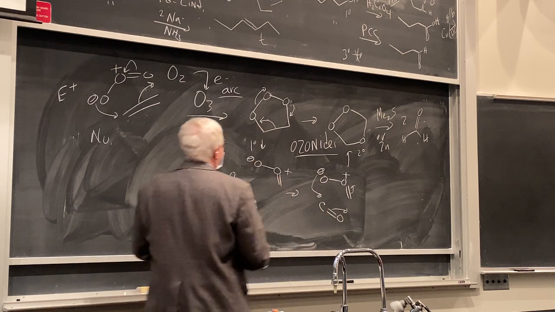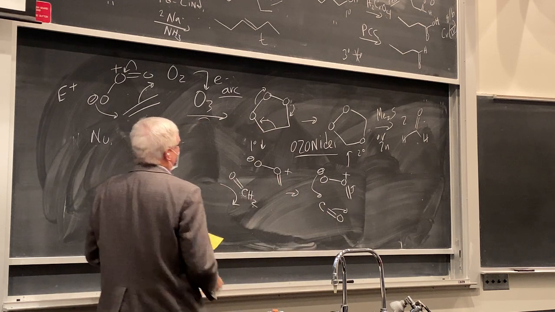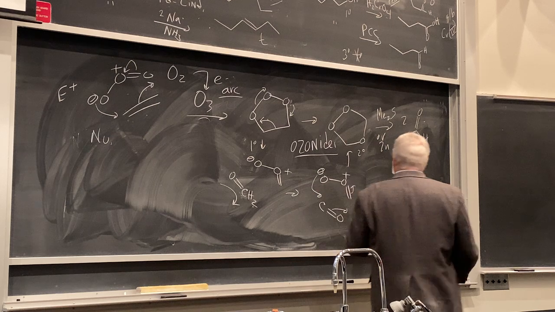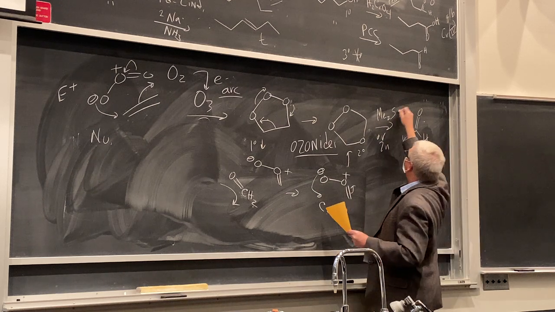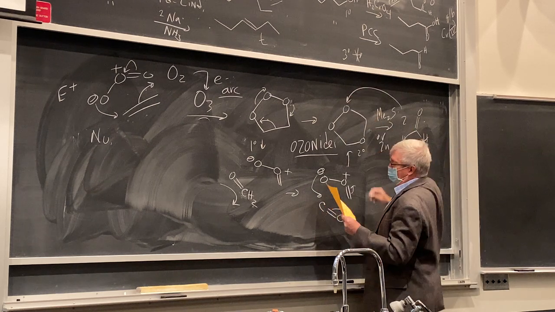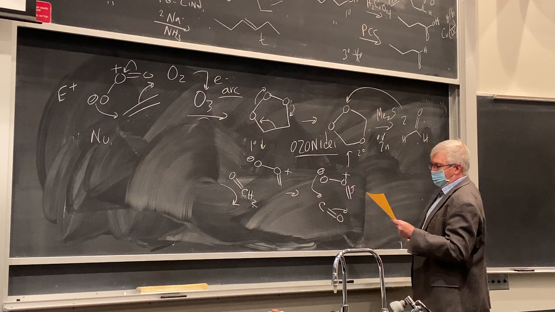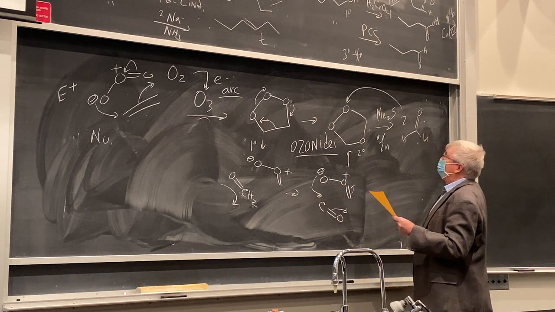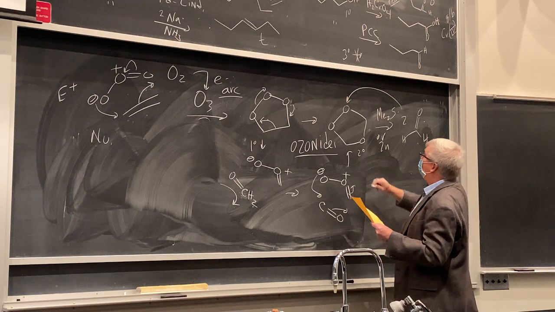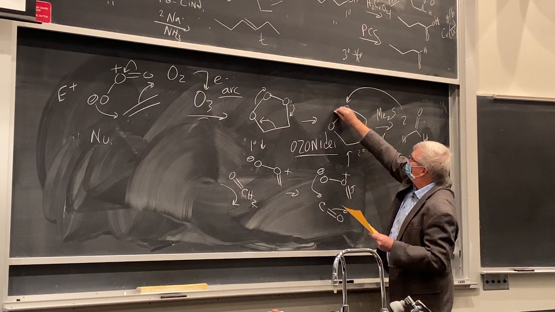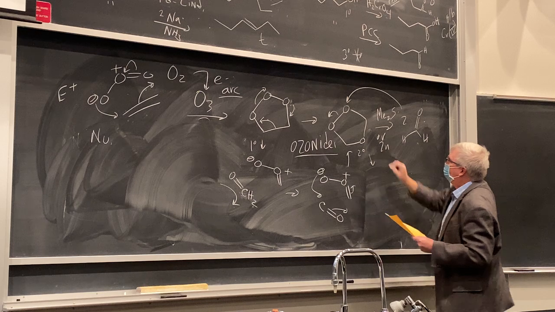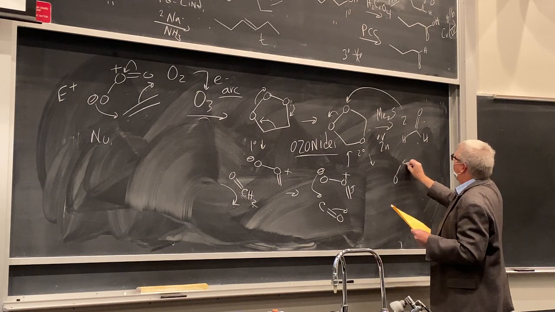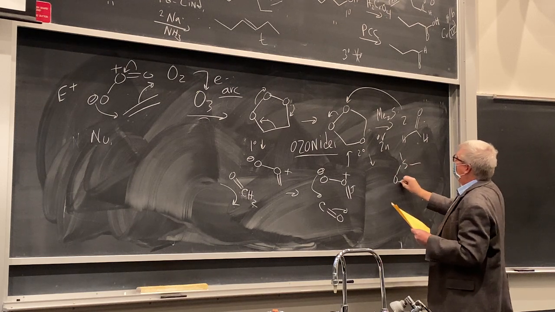And let's see, the secondary ozonide, do we want to finish the mechanism? I guess we can here. Dimethyl sulfide can attack there. And by doing that, you see we can break this bond here. So we'll go to this.